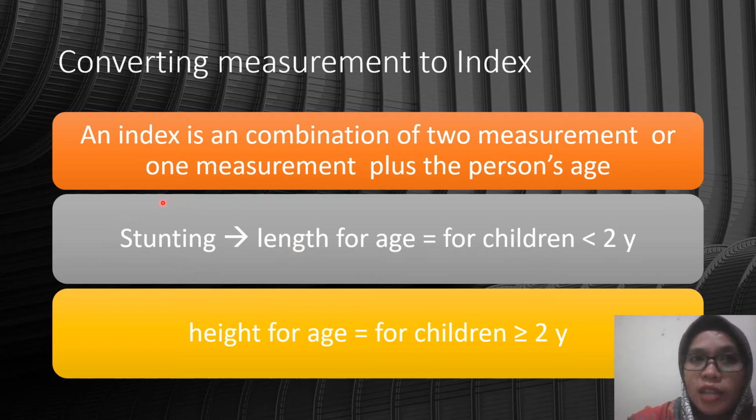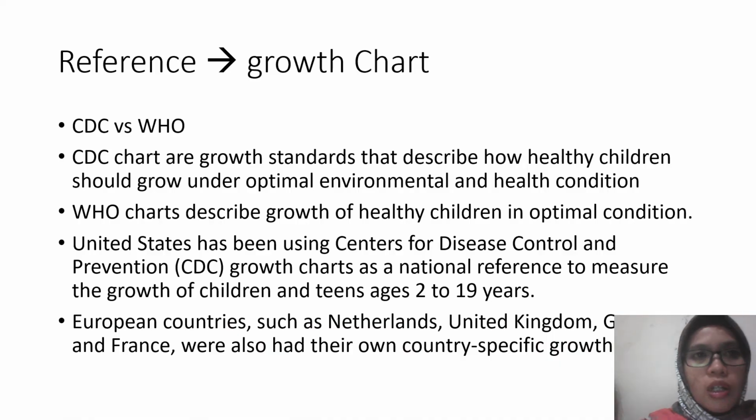To assess stunting, we use length for age for children under 2 years old and height for age for children over 2 years old. A reference used to assess stunting status is by plotting height, length, and age data into a growth chart.